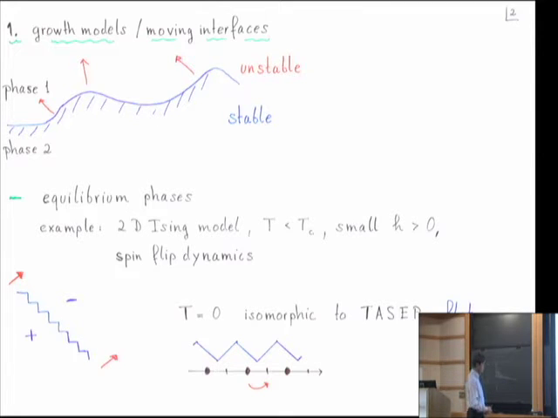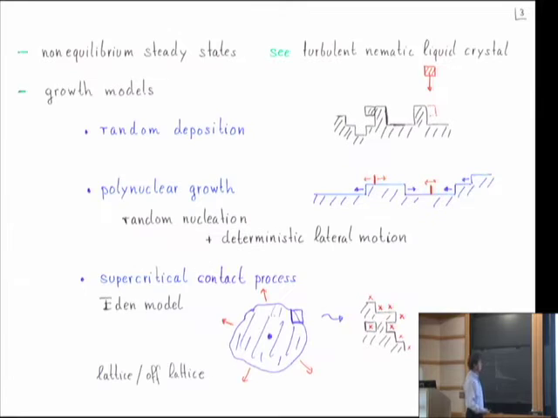Then there will be, let's see what I have here. Okay, so this other example will be non-equilibrium steady states. In fact, that's actually what's happening in the experiment which refers to turbulent nematic liquid crystals. Then there are growth models, which are of a similar type.